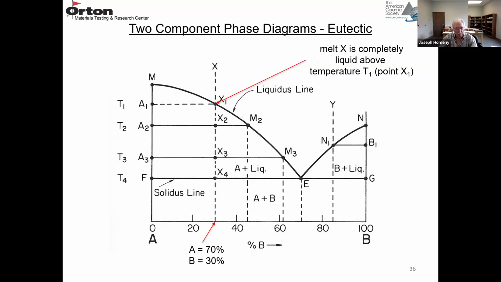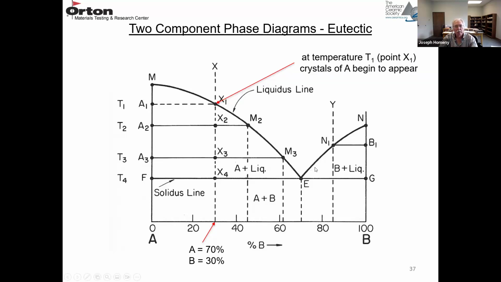And the composition of that liquid is 70% A and 30% B. So as we hit temperature T1, which is point X1, we begin to crystallize the component A. So A just begins to appear. So let's say small crystals of A start to form.